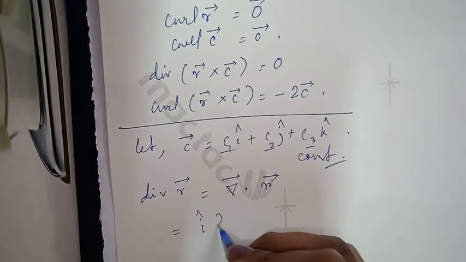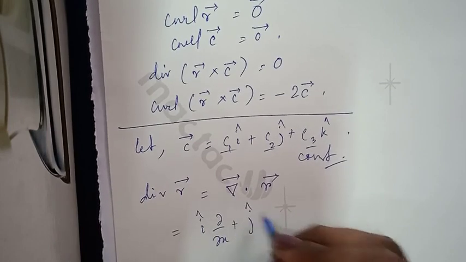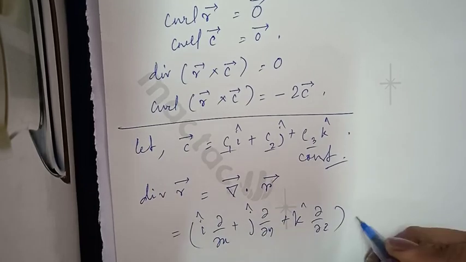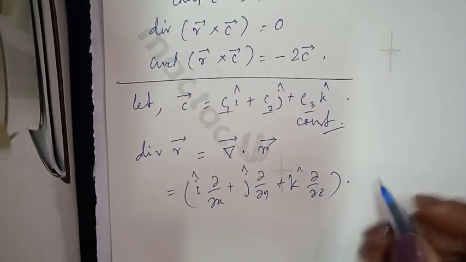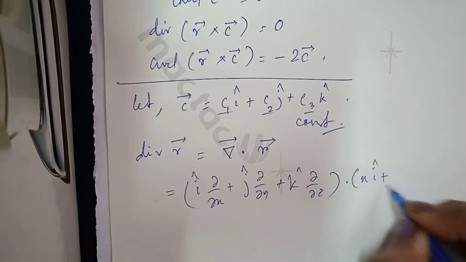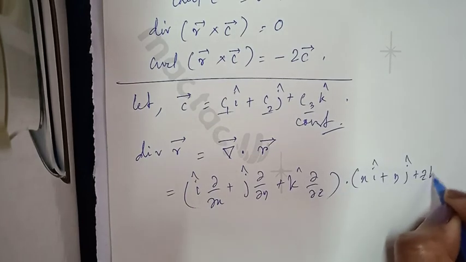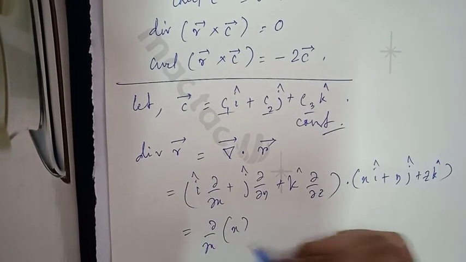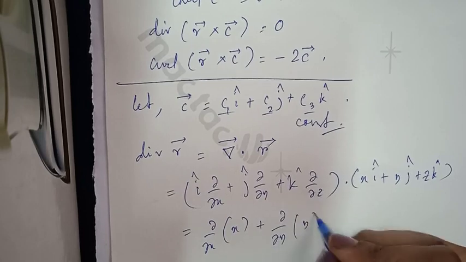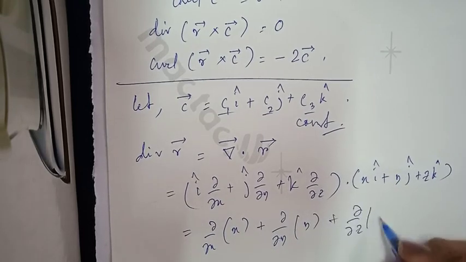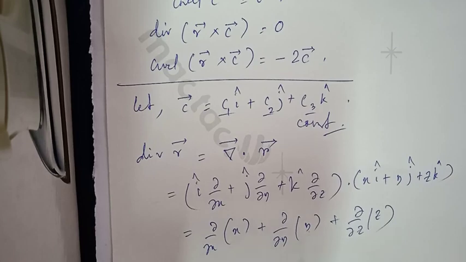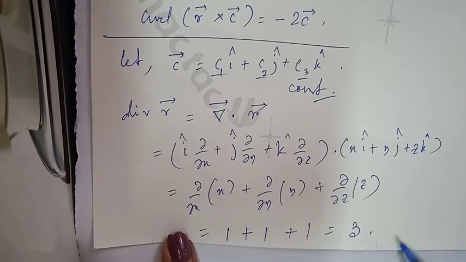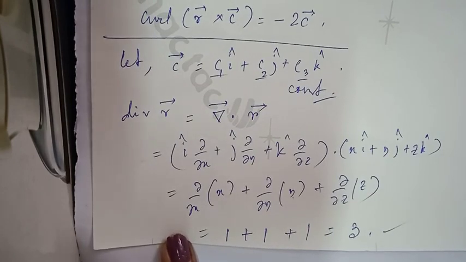So nabla operator, put the value, dot that R vector. R means x i cap plus y j cap plus z k cap. Put it, del x of x plus del y of y plus del z of z. So this is 1 plus 1 plus 1 equals 3. Okay, this is the answer, that is divergence R will be 3.